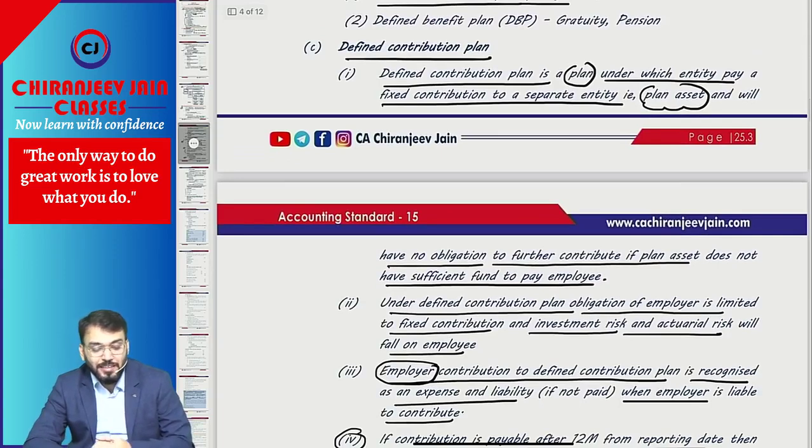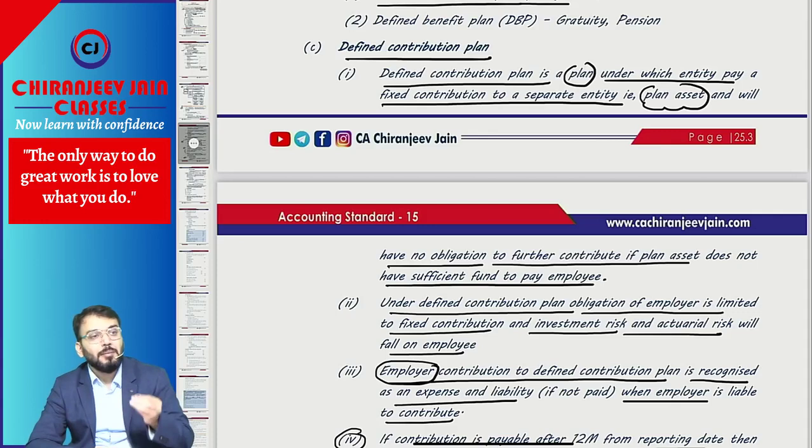Under a defined contribution plan, a fixed amount will be contributed by the entity to a separate entity known as plan asset. Remember, a fixed amount will be contributed, and once the amount is contributed, the entity has no further obligation to contribute any other amount, even if the plan asset is not able to fulfill its obligation, that is, to pay the employee.